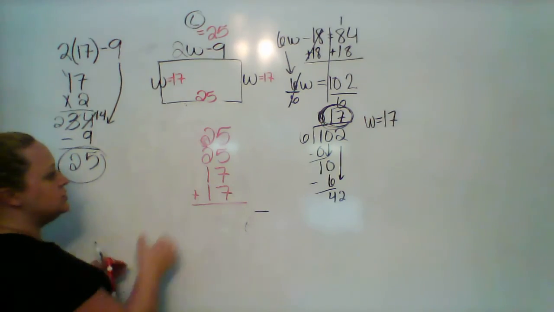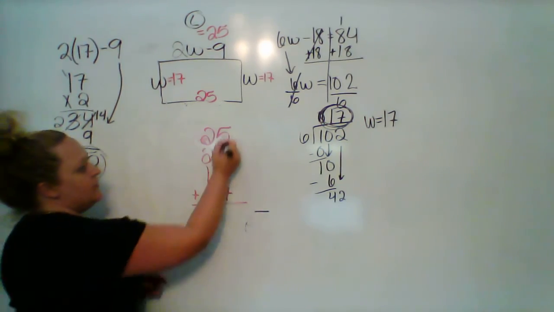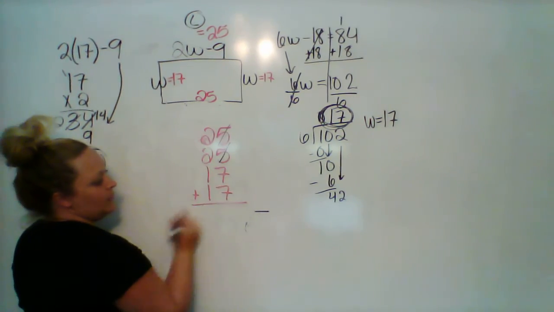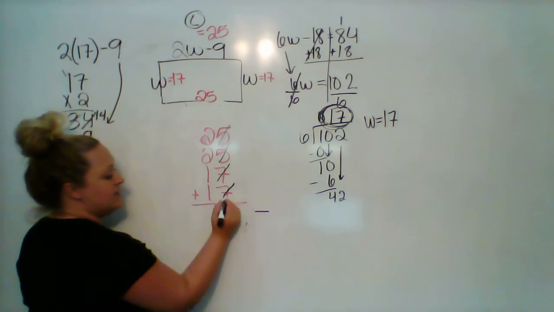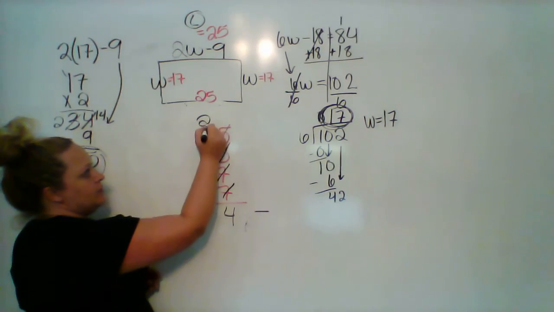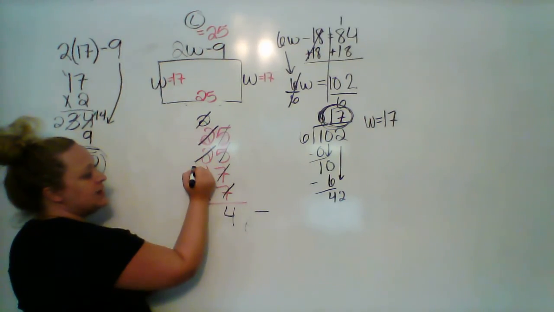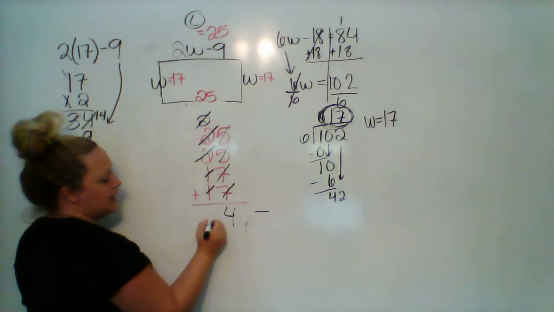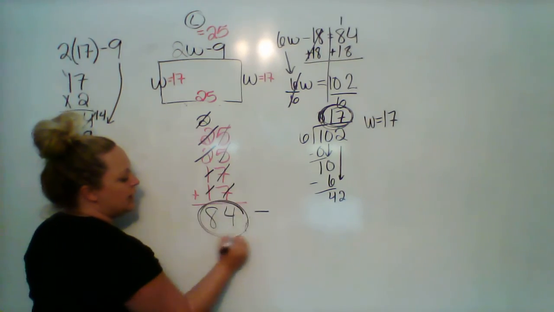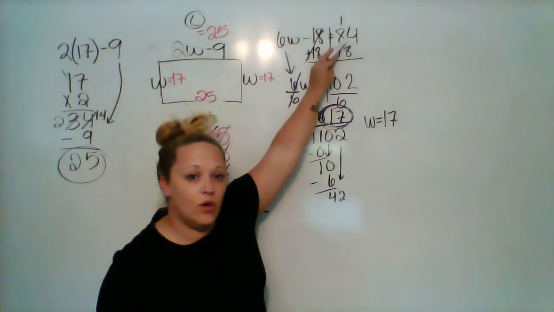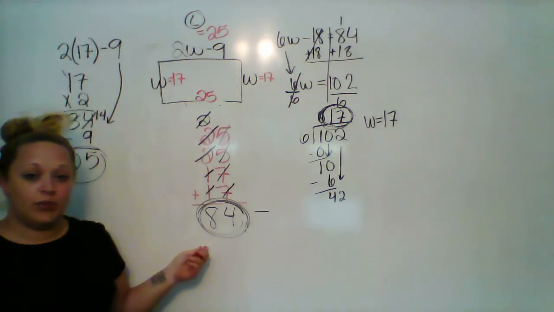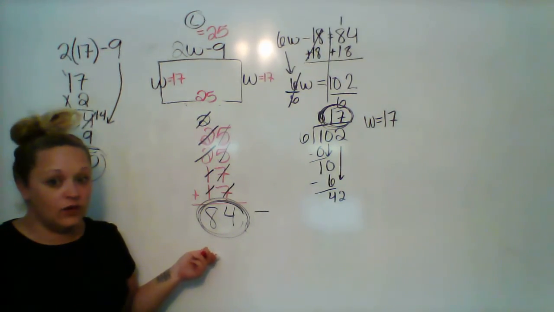No, do it. You know what you're doing. 5 plus 5 is 10. 10 plus 7 is 17. 17 plus 7 is 24. 2, 4, 6, 8. Well, in the very beginning, it said our perimeter would be 84. When we just added them up, we got a perimeter of 84.